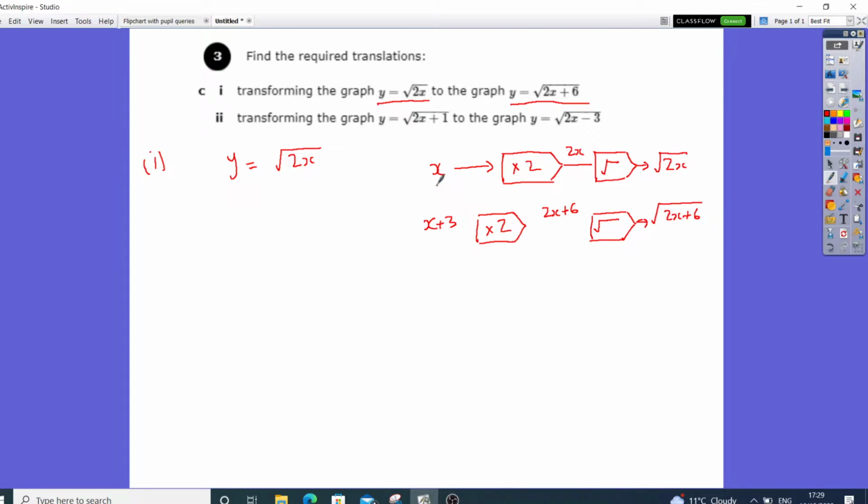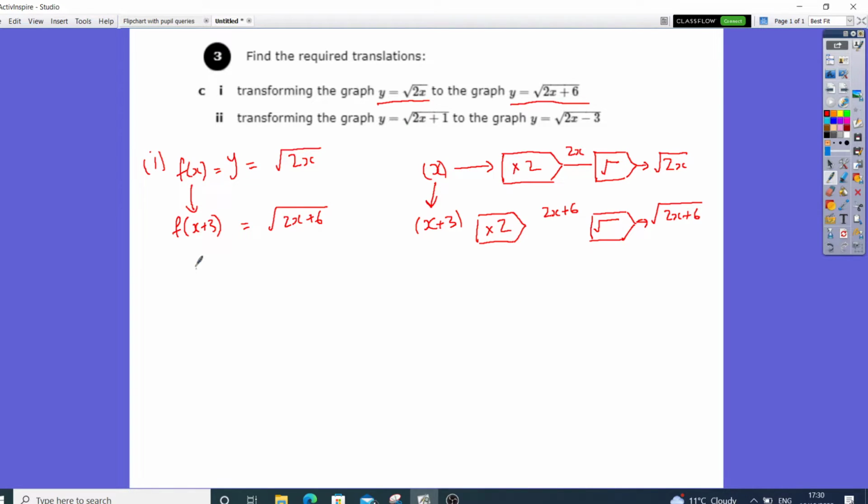So then we've got to say what is happening here. This is basically when it's plus 3 inside the bracket. Let's just call this f of x. So when you put f of x plus 3 in this function, you will come out with root 2x plus 6.